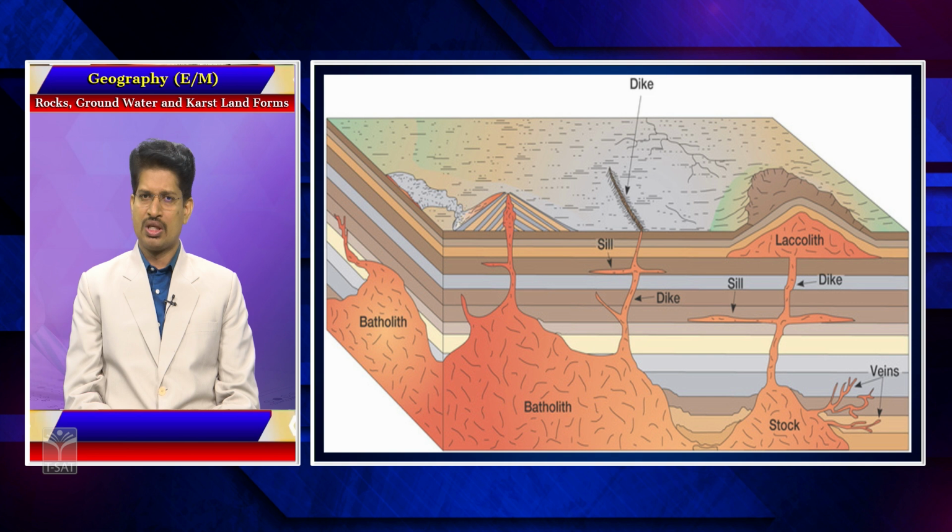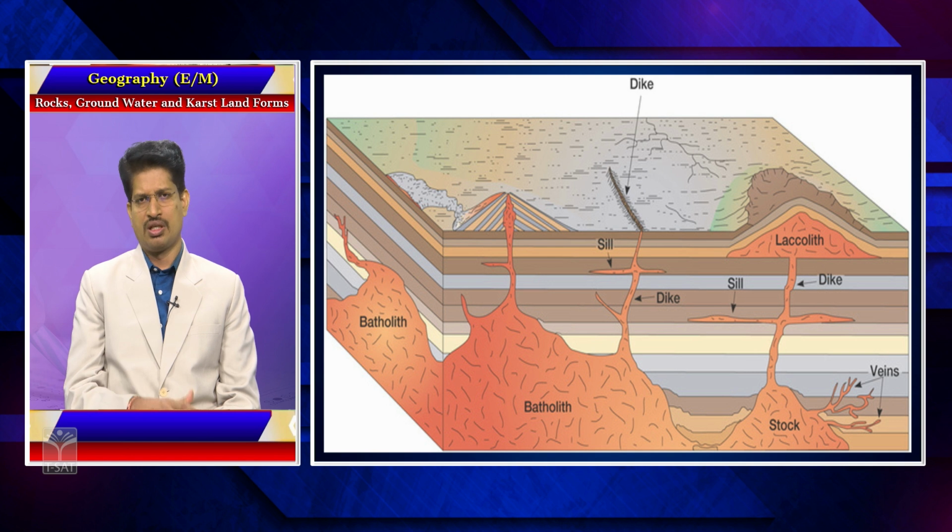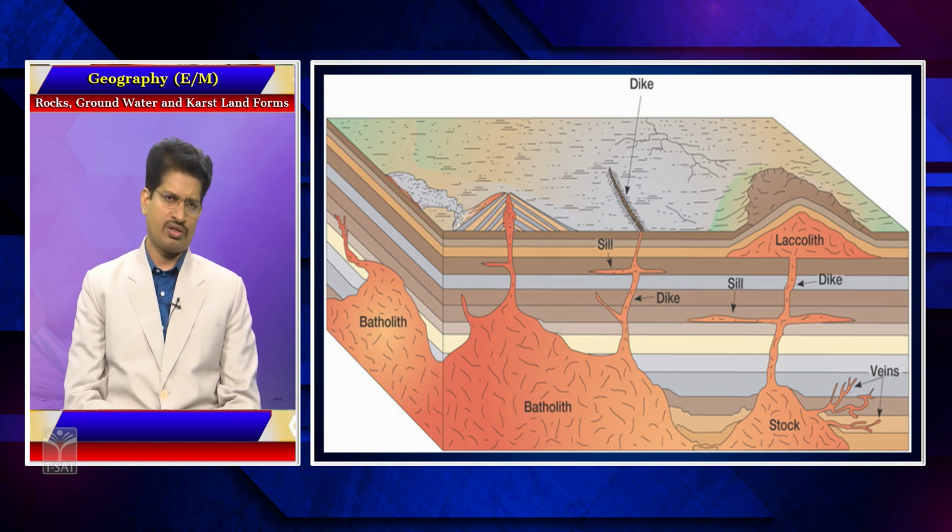The rocks are formed because of the cooling of magma which has intruded into the spaces available in the layers of the Earth's interior. The solidified rocks acquire the shape of the fracture zones, which might be horizontal, vertical, slanting, or any direction possible.